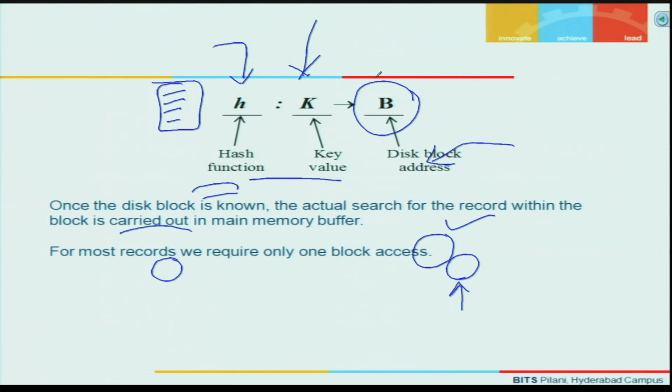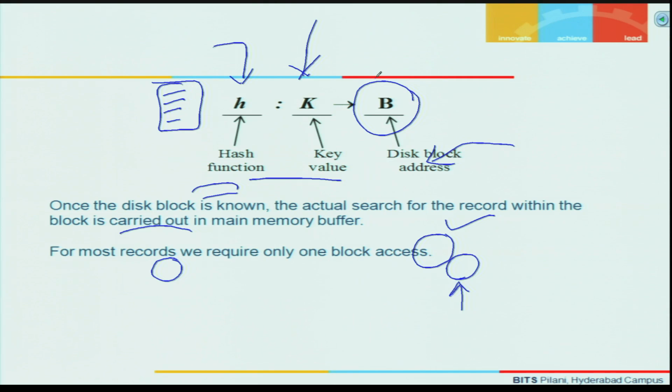Once the disk block address where a record with a specified key value is stored is known, then the actual search for the record takes place. A block may contain more than one record, but for the purpose of processing the record, we need to bring the entire block from disk to RAM, then only we can process the record or a value in a record.